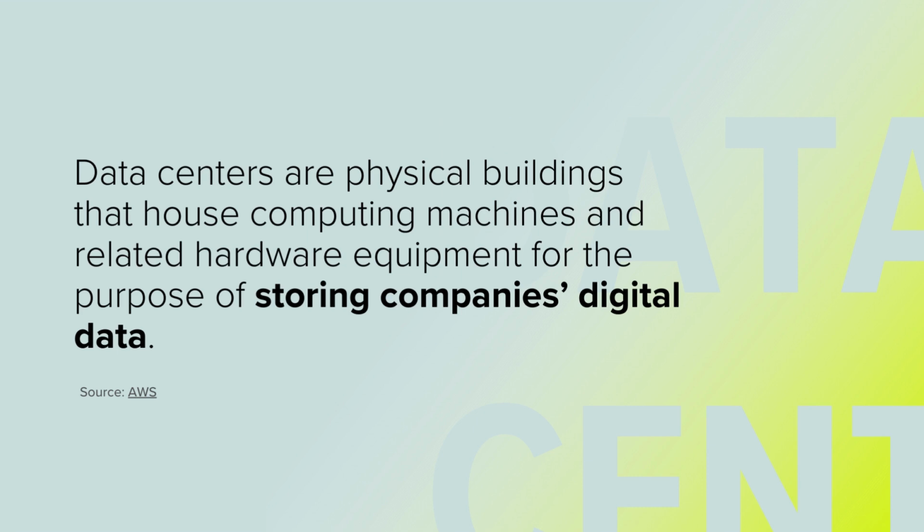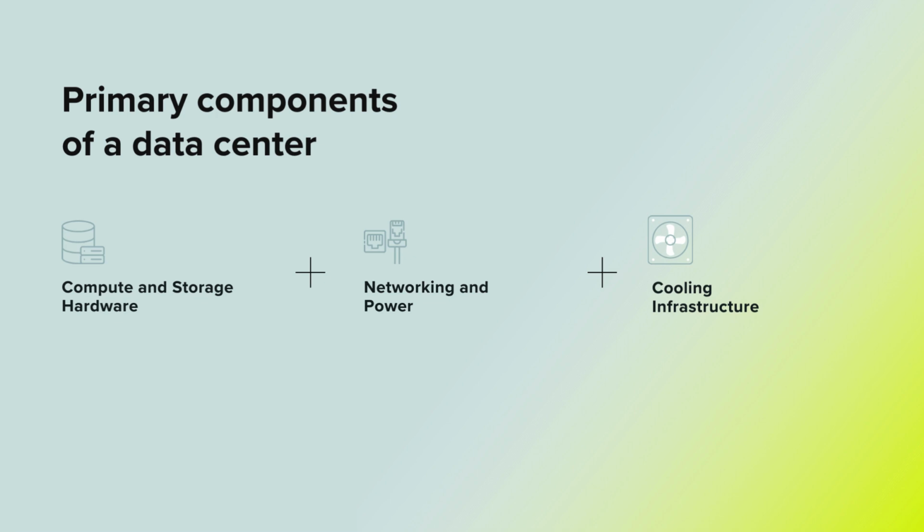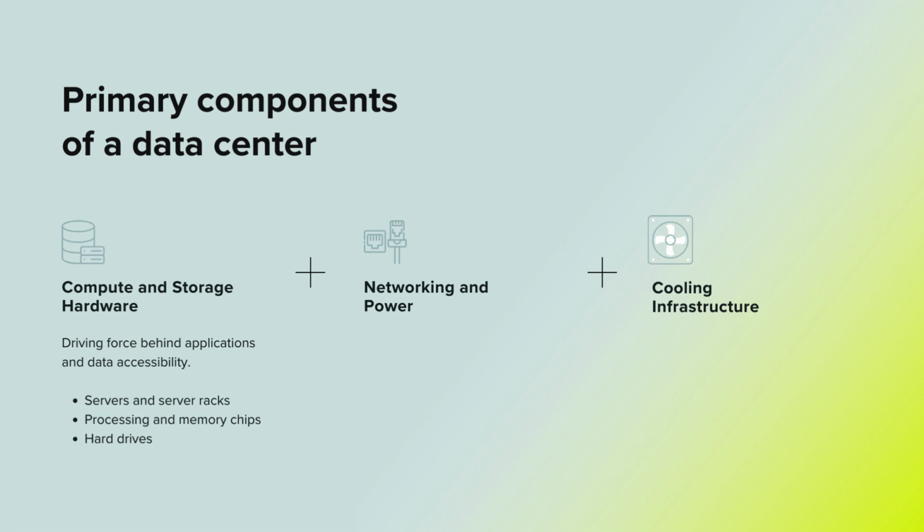Let's explore what components make up data centers, their functions, and how they can be designed with energy consumption in mind. The primary components that make up a data center are compute and storage hardware, networking and power, and cooling infrastructure. Compute and storage hardware are the driving force behind applications and data accessibility, and these components are housed in a data center.